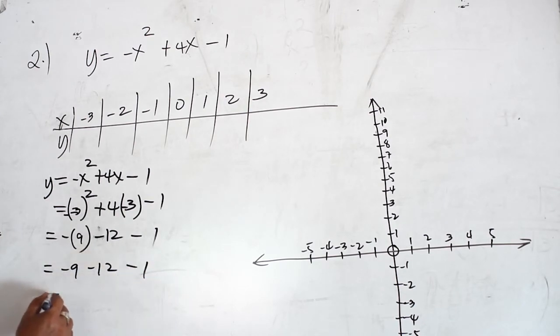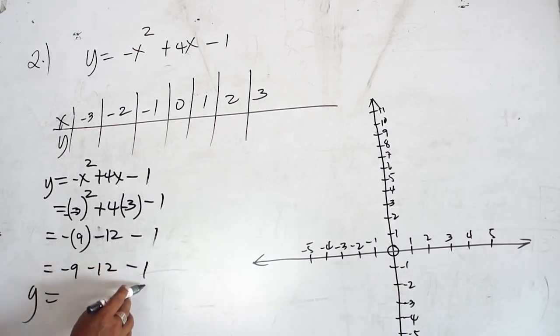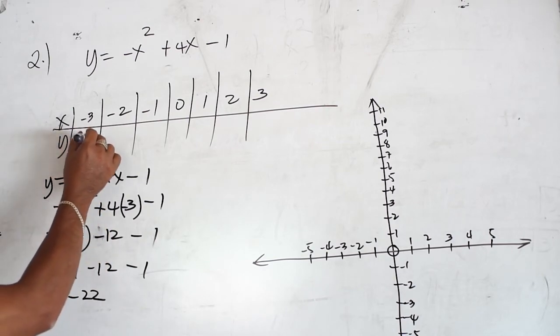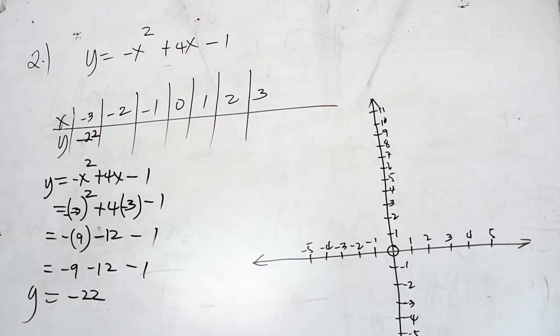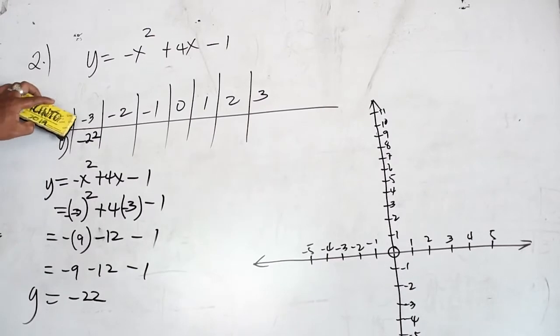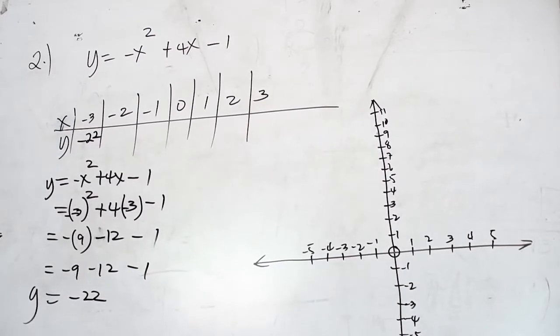So add. Negative 9 plus negative 12 plus negative 1, the result is negative 22. So we have the ordered pair negative 3 and negative 22.